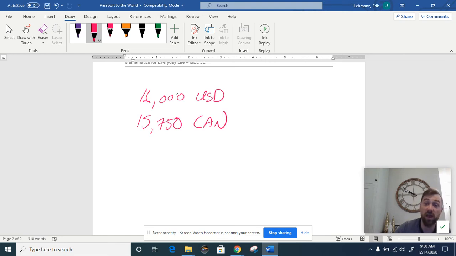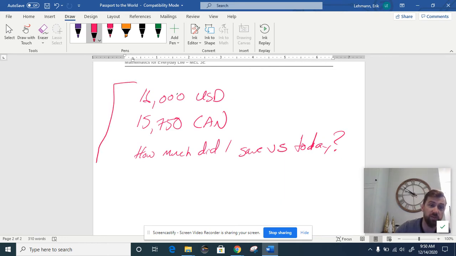That's what I paid because our dollar was worth a little bit more than the US dollar. It was amazing. So my question for you is how much did I save versus today? So what if I was going to Teachers College today? So how much did I save? If you can figure that out, that's an awesome bonus that'll guarantee you getting 100 or close to on this.